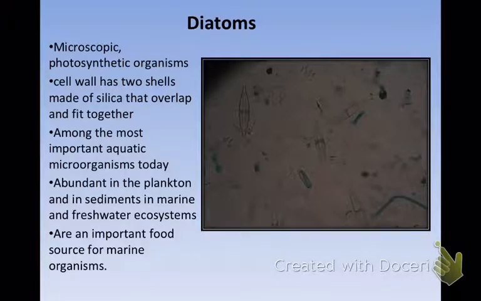So moving on to the stramenopiles. So diatoms are stramenopiles. So they're photosynthetic organisms, and their cell walls, in contrast to the dinoflagellates, are made of silica or glass-like material, and they are among the most important food sources in marine systems.